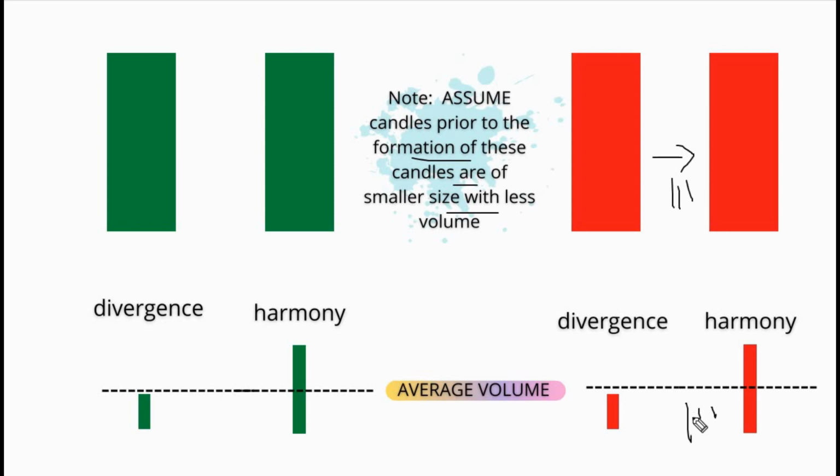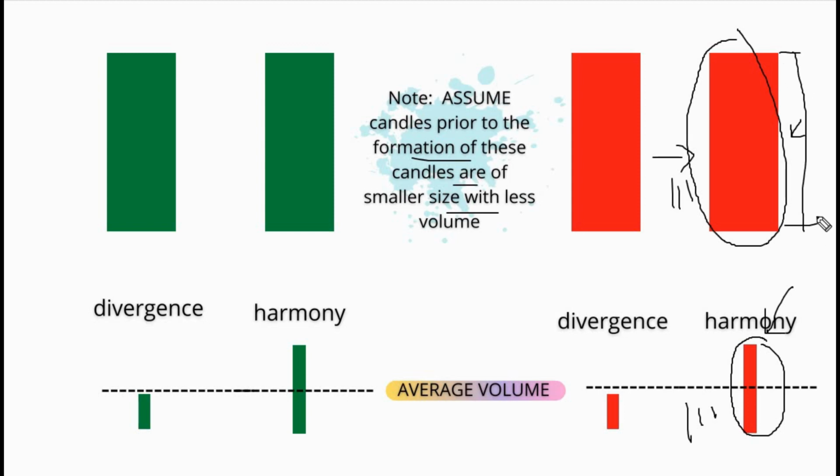Then we saw a huge volume activity with huge downside pressure. Then we can say that yes, this is an activity of the market makers or the institutions, and this price movement has got a validation.